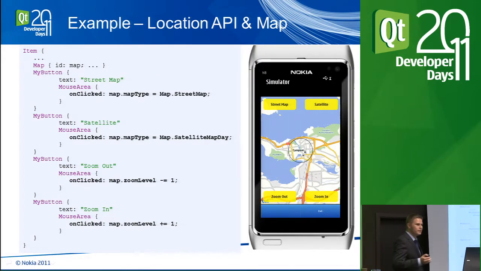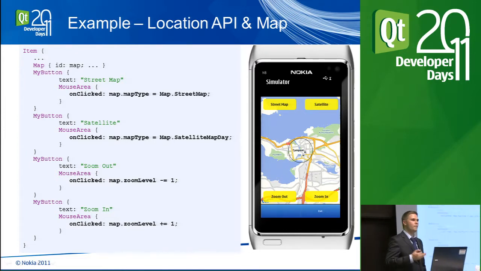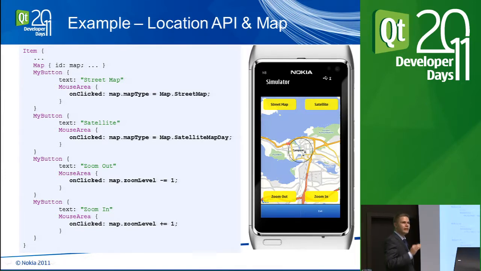Okay, so now that we have our map visible on the screen, let's add some UI layer. And this is the way that you usually do when you implement your application. It's really easy to add new layers of UI in QML. So we have the map, and then we'll add some new elements for buttons. In this case, we assume that we have an element named MyButton.